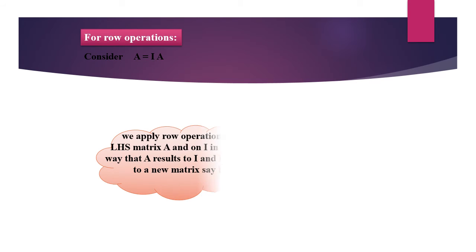So first step in that is consider A is equal to I into A. So any given matrix is written in the form of A is equal to I A. Next, we apply row operations to the LHS, that is whatever row operations we are applying to the matrix A, the same row operations we are applying to the matrix I on the RHS, and the matrix A on the RHS is kept as it is.